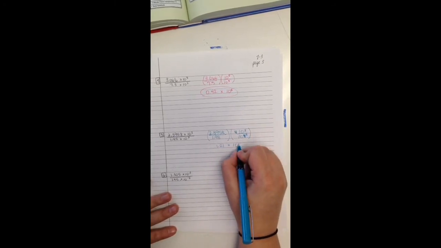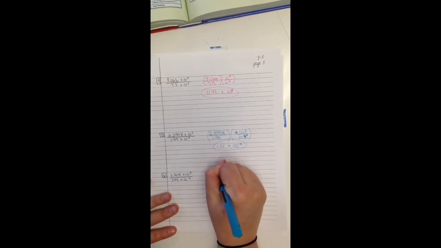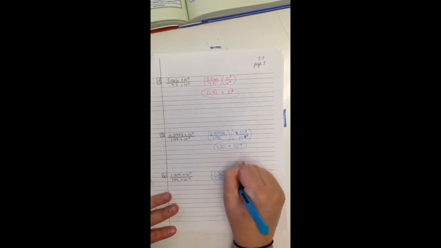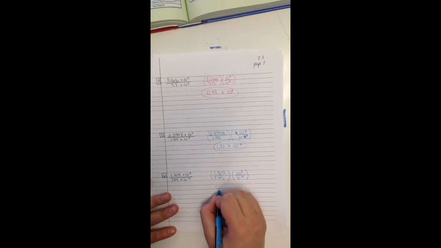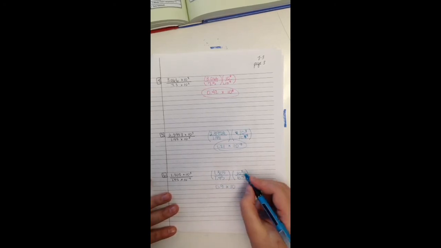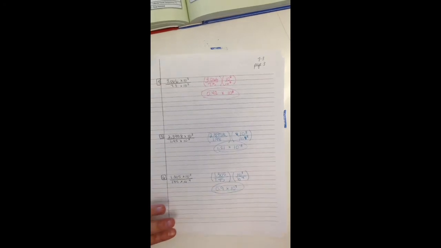Now 3 minus 8 gives me negative 5. On the next one I have 1.305 over 1.45 times 10 to the 3rd over 10 to the negative 4th. 1.305 divided by 1.45 gives me 0.9 times 10. Now 3 minus a negative 4 is the same thing as 3 plus 4, so to the positive 7th.